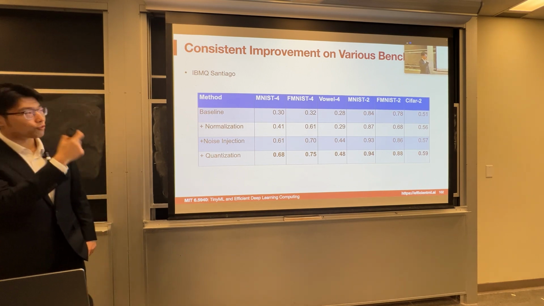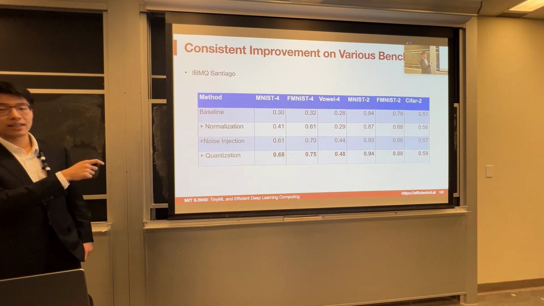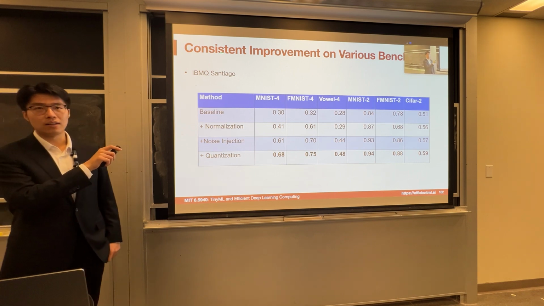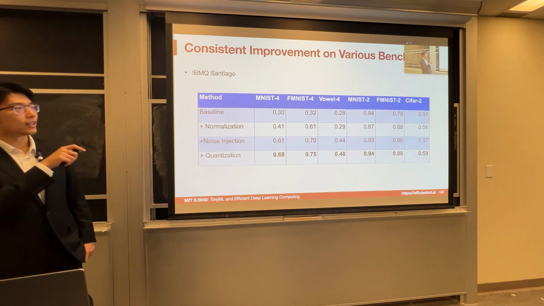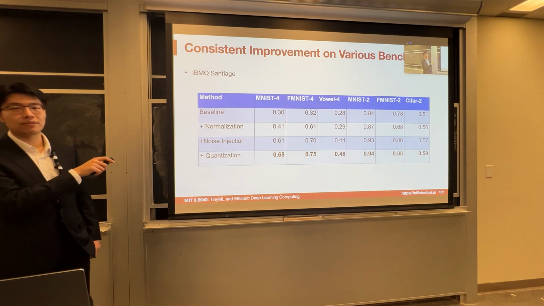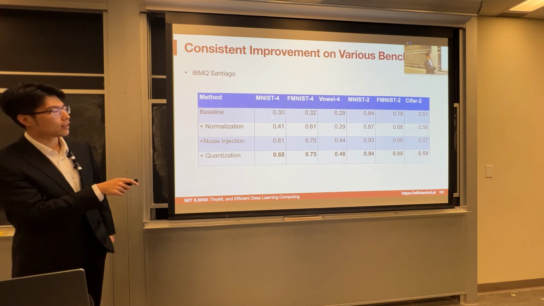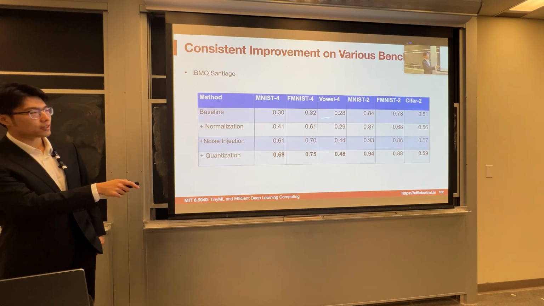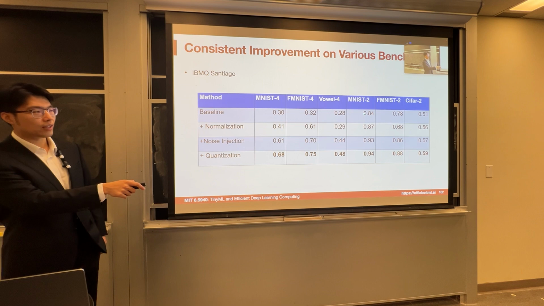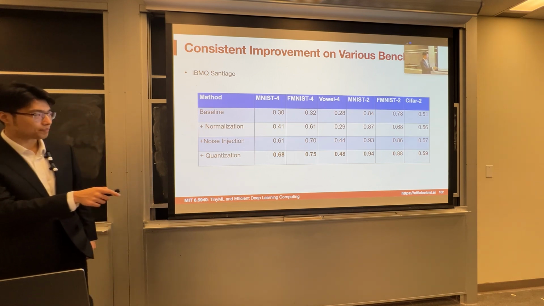We can see the baseline result on IBM San Diego. San Diego is actually almost the best device at that time, so it has the lowest error rate. We can see the baseline is around 30% for four classification, and for two classification, 94% accuracy.